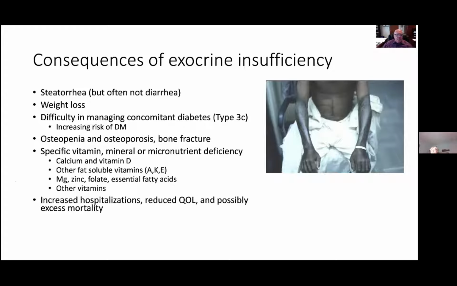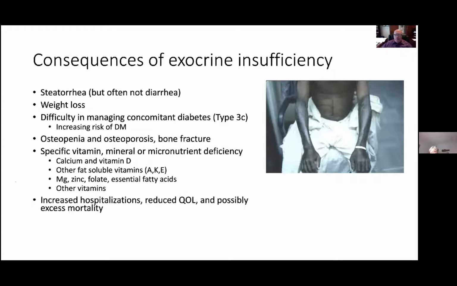And there's even some very interesting recent data that developing exocrine insufficiency increases the lifetime risk of getting diabetes. So there is an endocrine and exocrine interaction, which is significant. These patients obviously maldigest, and they can get a variety of consequences.